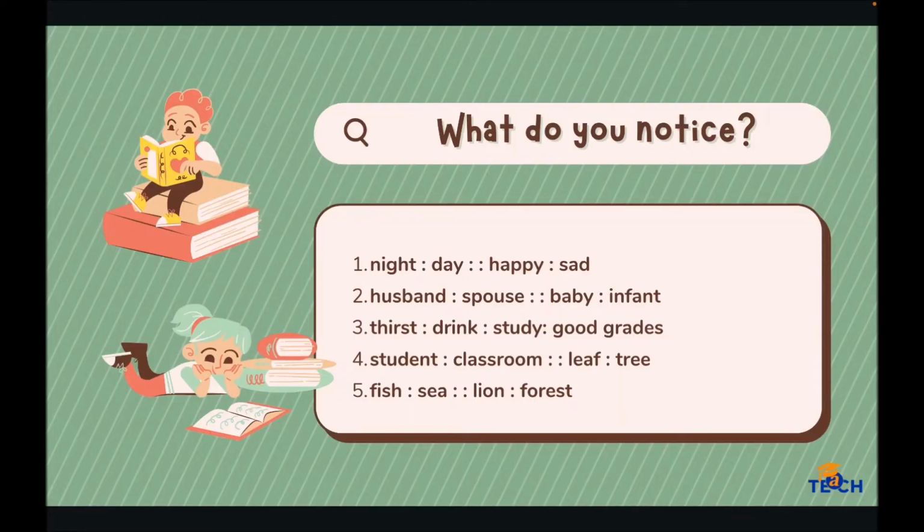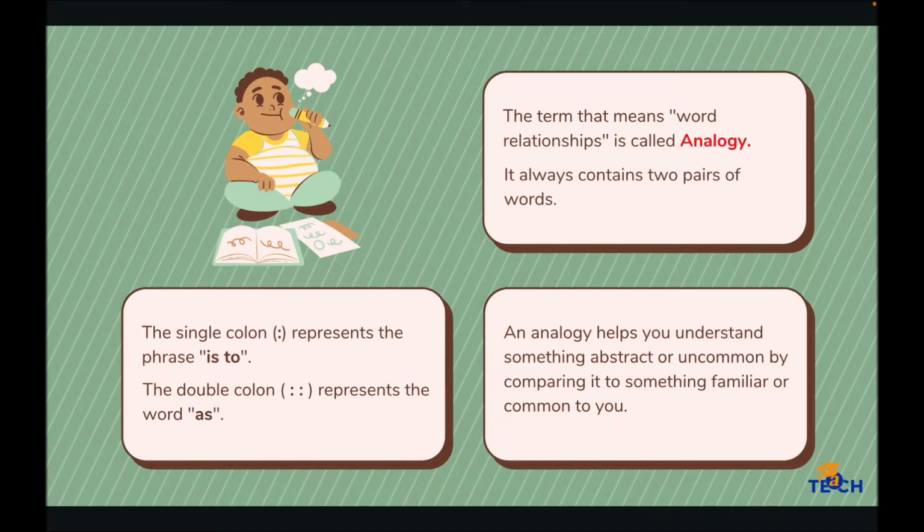Now, what do you notice with each pair in every item? If you say that they show relationships, then you are correct, because the term that means word relationships is called analogy. And it's like a word puzzle that contains two pairs of words.